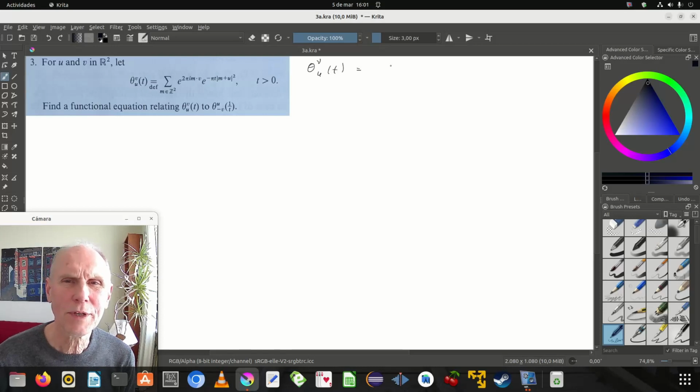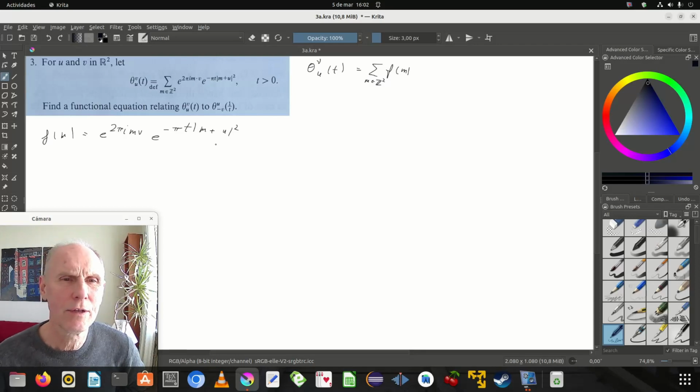So the sum here, we shall write it as the sum over f of n, or let's say m, where m runs through Z squared. Apply when t is positive.